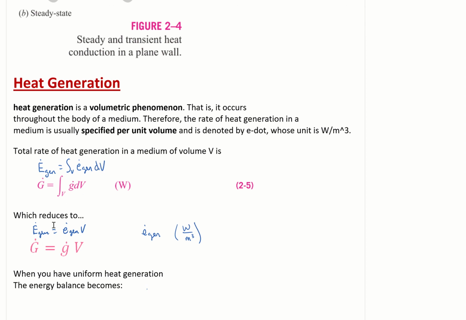And this reduces to this equation down here, where the total rate of heat generation is equal to this rate of heat generation on a per unit volume basis times the volume, which gives the total rate of heat generation.